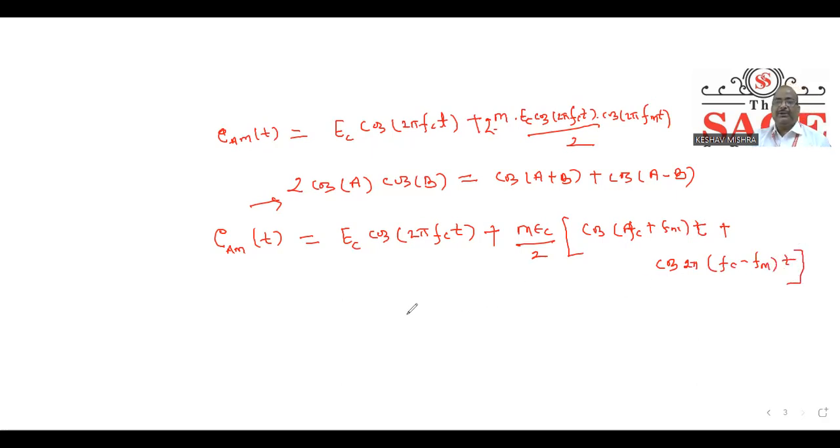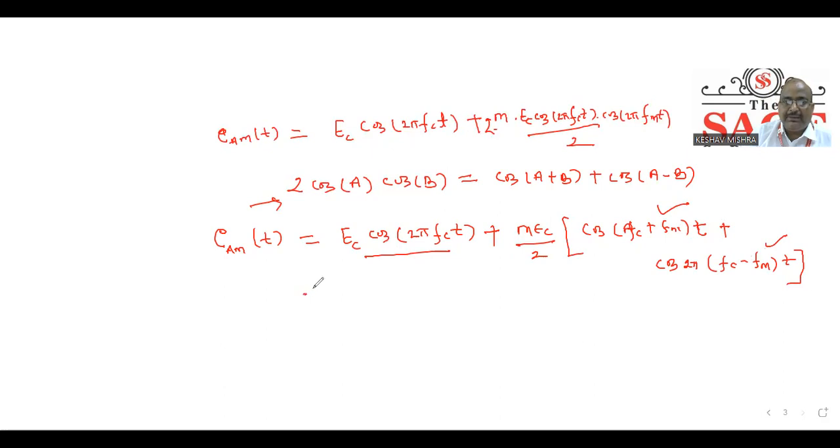So this is the expression for the amplitude modulated signal, where we can note three components. One is the carrier signal, Ec cos 2 pi fc t. The second and third terms represent the upper sideband and lower sideband respectively.